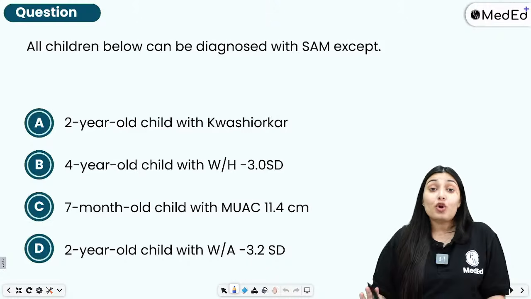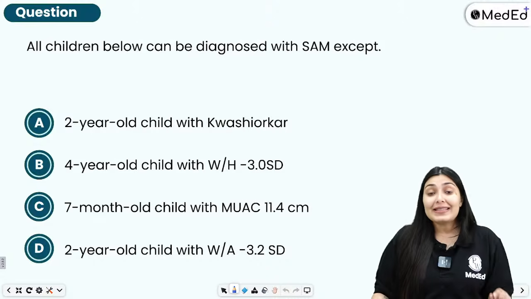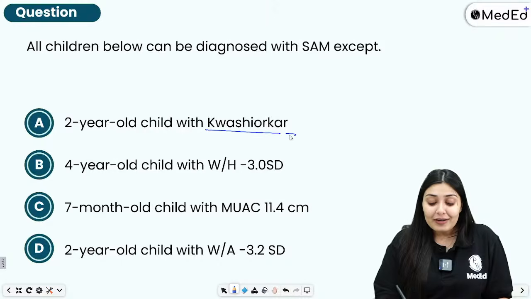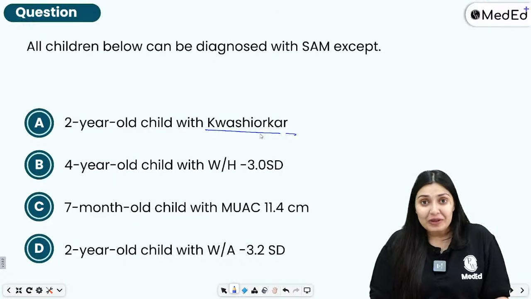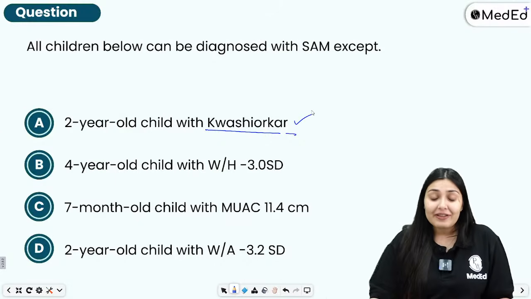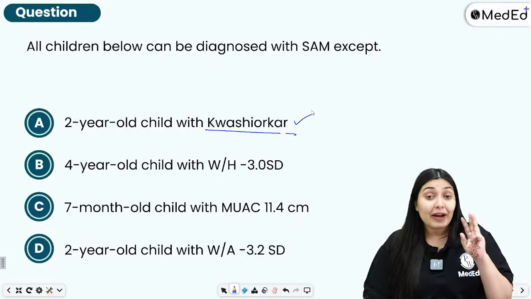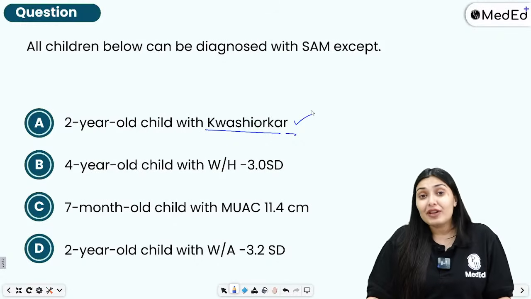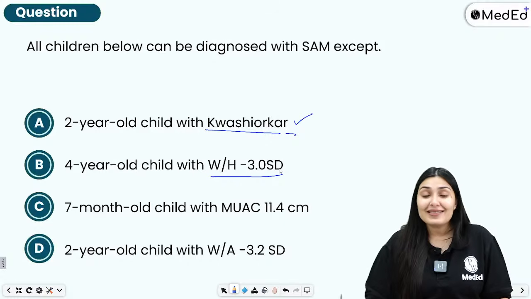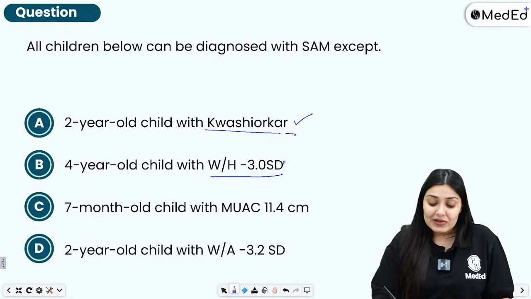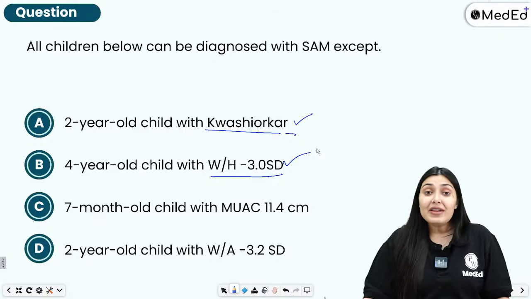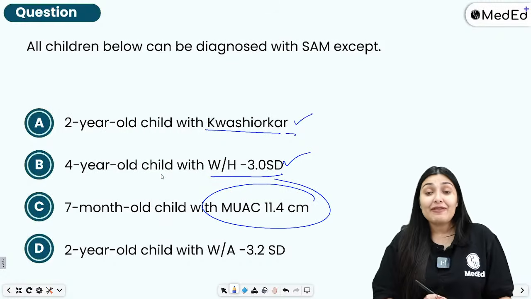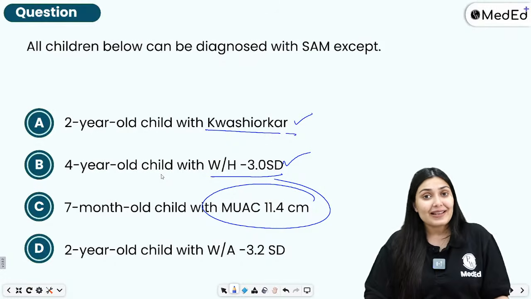So let us look at the options. First option says there is a 2-year-old child with kwashiorkor. In kwashiorkor, the hallmark is edema only. So this child is definitely SAM. It satisfied my third point. Then we have a 4-year-old with severe wasting. Weight for height is -3 standard deviation. So this is again SAM. Then we have a 7-month-old child with MUAC less than 11.5. Here the MUAC is 11.4.